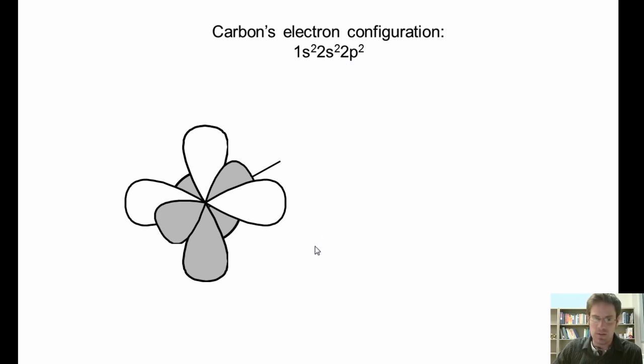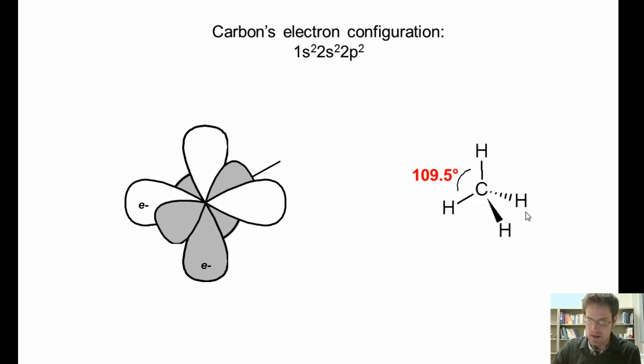Where do those go? They go right here and right here. The third 2p dumbbell right here remains unoccupied. So let's pretend that carbon wants to bond with 4 separate hydrogen atoms to form methane, the molecule shown here. Now once again you'll remember that the bond angle in this tetrahedral structure is 109.5 degrees.